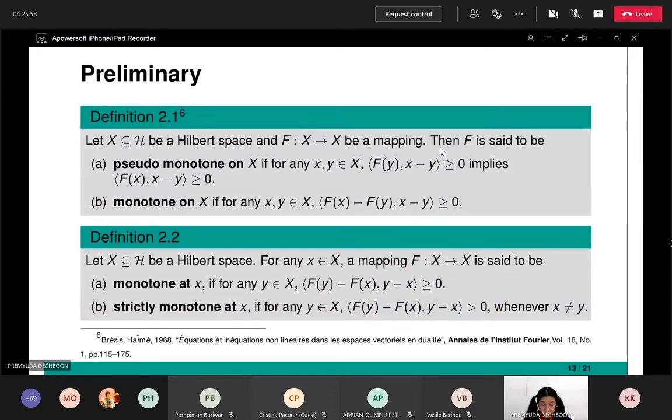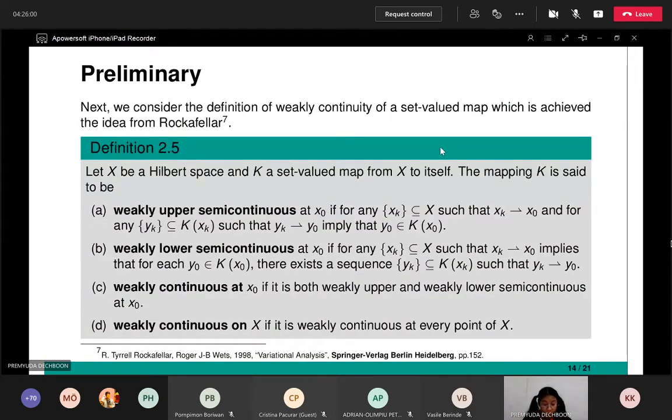The next definition is about continuity. The set-valued mapping K is said to be weakly upper semi-continuous at x0 if for any sequence xk from X that converges weakly to x0, and for any sequence yk from the set-valued mapping K(xk), yk converges weakly to y0, it implies y0 is in K(x0).